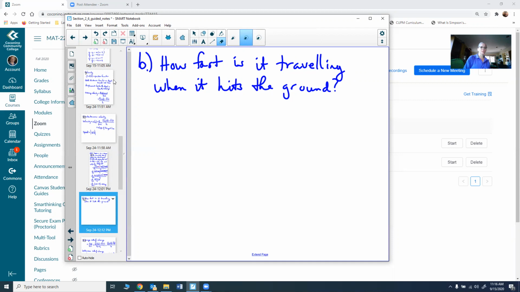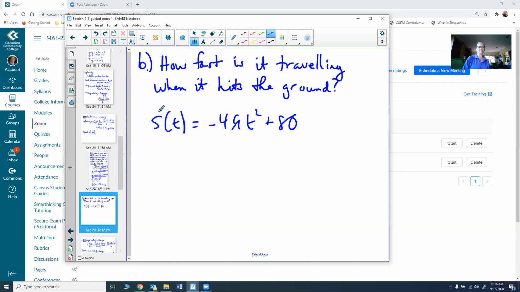Remember our position function was s of t equals negative 4.9 t squared plus 80. When it hits the ground, it's on the ground, so its position is 0.